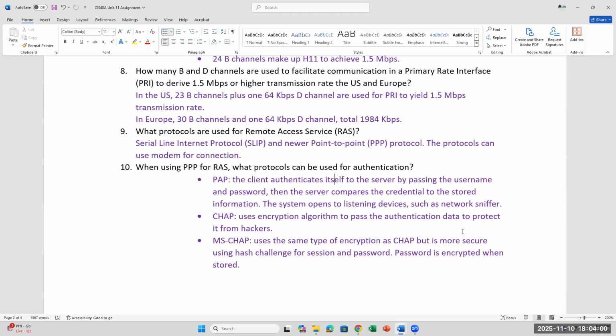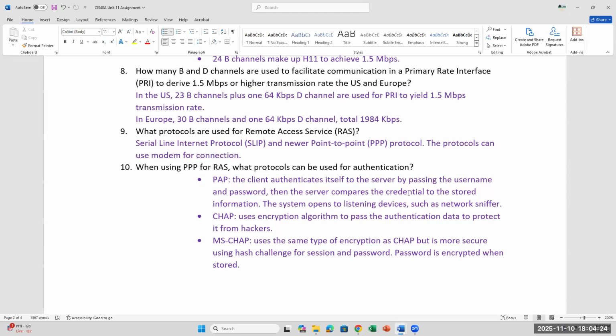So it's going to send the credential over to the server, and what it does is it matches the information. The system would then wait to capture that. So if you're using PAP, you're vulnerable to sniffing. If I run Wireshark, and you're using this, I see all your credentials in plain text.